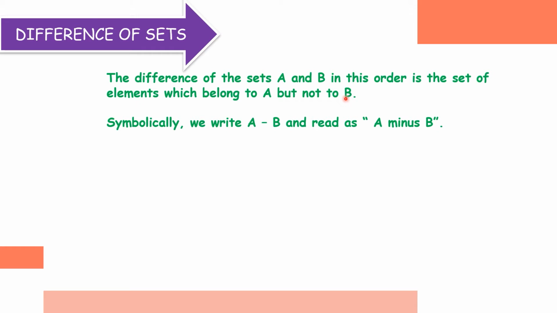If any element of A is an element of B, then I will leave that element. So A minus B means only elements which belong to the set A. If any common elements are there, I will just leave them. That is known as A minus B.